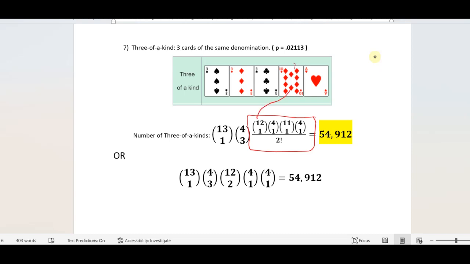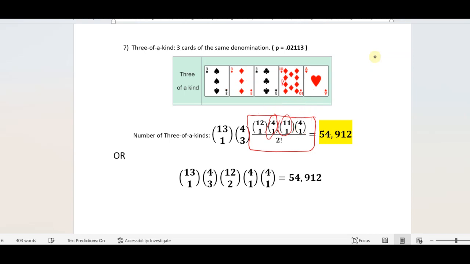Okay, and again, amongst these suits, you could have diamonds, clubs, spades, or hearts. So that's where this other 4 choose 1 comes from. That's just for that selection. And then once you've selected the first, the second cards, denominations, then you only have 11 denominations remaining for the last one. And that itself could be also selected in 4 choose 1 way.